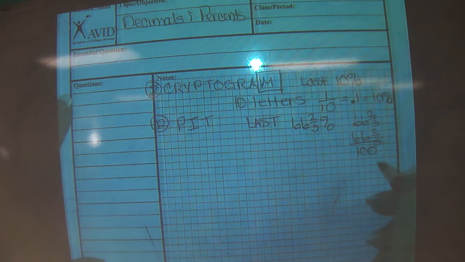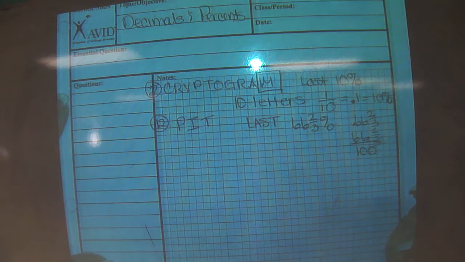We simplify. So how does 2/3 simplify? You can make it into a mixed number. 66 2/3. What's the decimal for 2/3? 33.